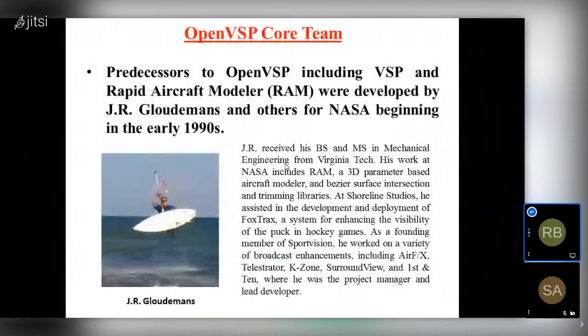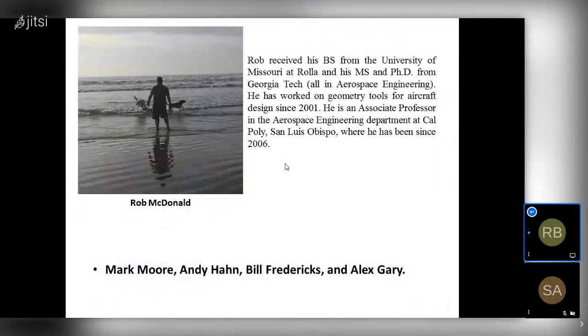This part was also covered. Who invented this software, about those people also we have discussed. That is J.R. Gloudemans and others who are working in NASA, and also Rob McDonald and other people.